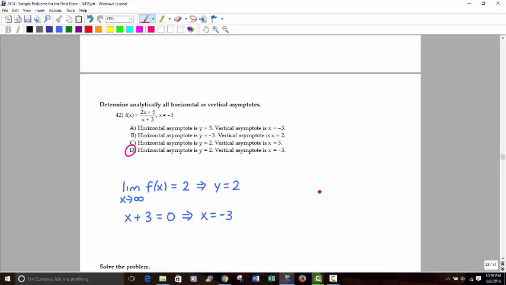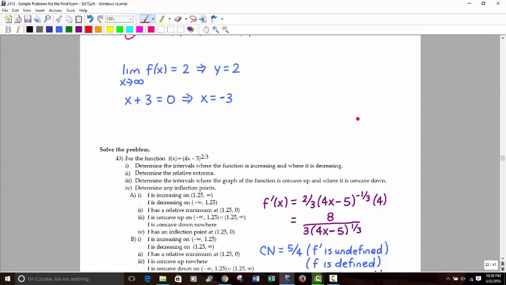In other words, if you had an x plus 3 factor on top and an x plus 3 factor on bottom, negative 3 would still be a discontinuity, but it would not be an asymptote. Actually, it would be a hole in the graph, not an asymptote, because the limit would exist. But in this case, it's -3, because -3 does not make the top part equal 0. So you have y equals 2, and then x equals -3. Those would be your two asymptotes for that problem.